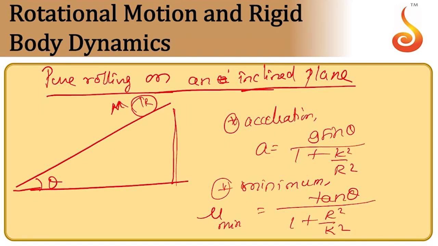Remember these results. As far as pure rolling on an inclined plane is concerned, the acceleration is g sin theta by 1 plus k square by r square, and the minimum coefficient of friction, mu minimum, is equal to tan theta by 1 plus r square by k square.